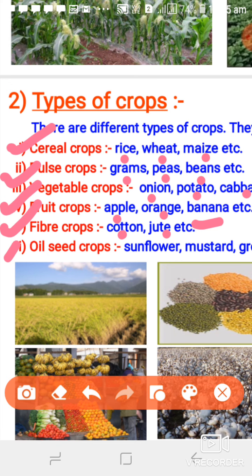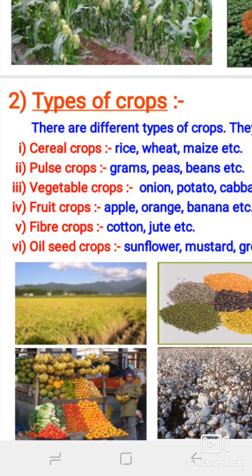The last one we discussed is oil seed crops, like sunflower, mustard, groundnut, because we get oil from these crops. So these are all the types of crops.